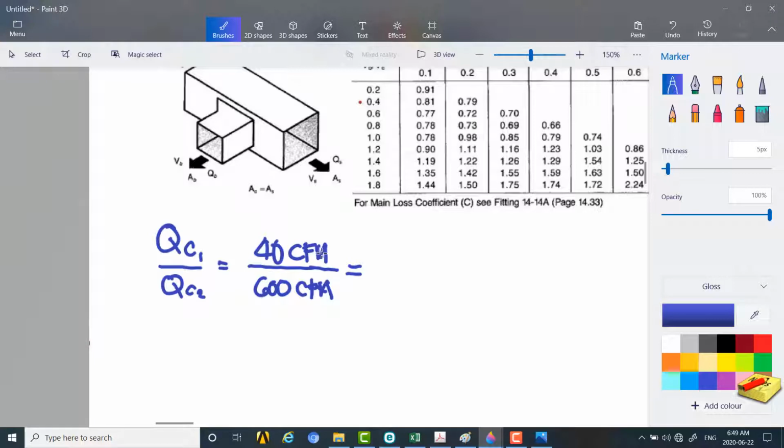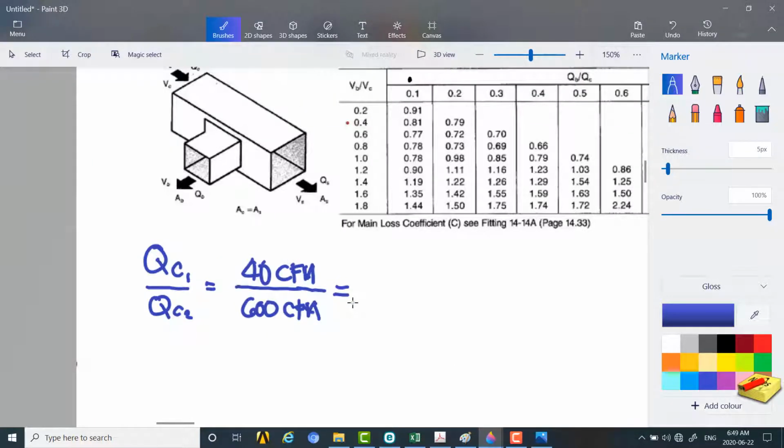Regarding what type of unit you use, as long as the units cancel out. So the value of this will be 0.067. Okay, let's round off.